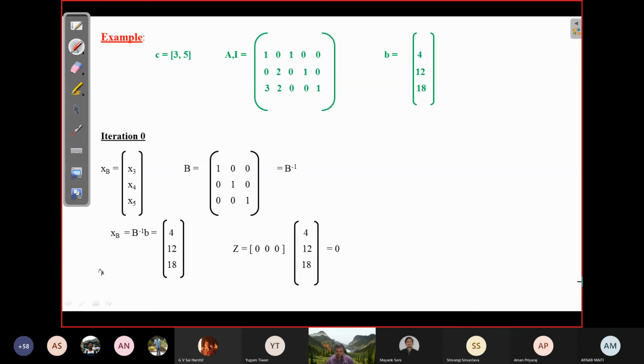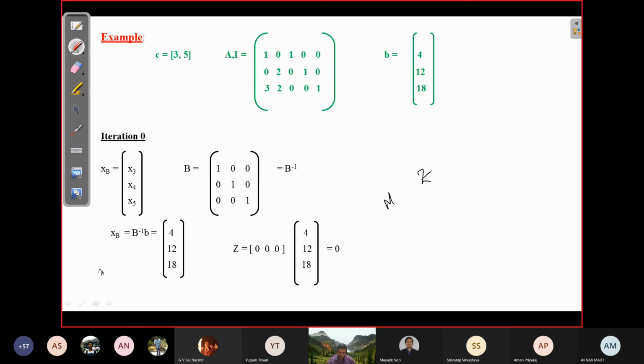And what is Z? Z is CBT B inverse b. Now what is CBT here? CB is the coefficients in the objective function for the basic variables. What is my objective function?